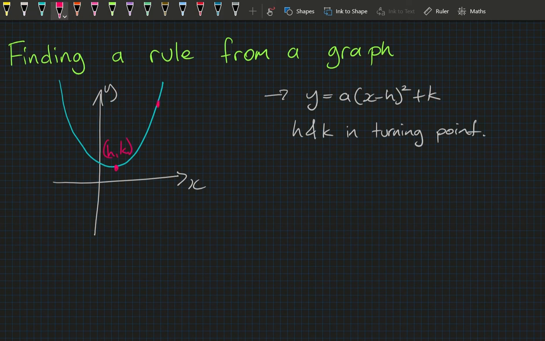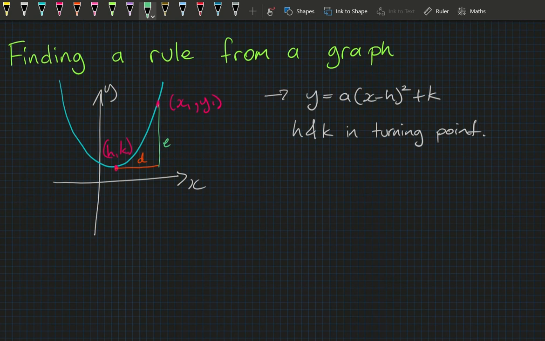And if there's a second point on the parabola, which we'll call (x1, y1), now this distance d is the change in x between the 2 points. And this distance e is the change in y between the 2 points. And this distance d is just equal to x1 minus h, and the distance e is equal to y1 minus k.